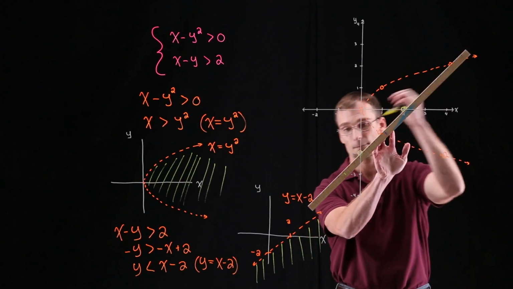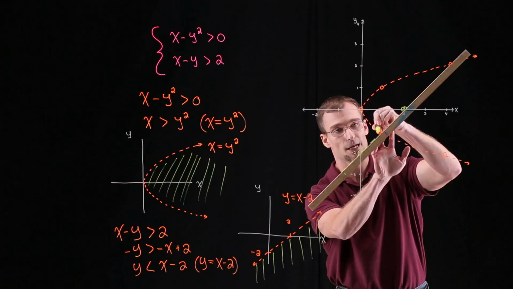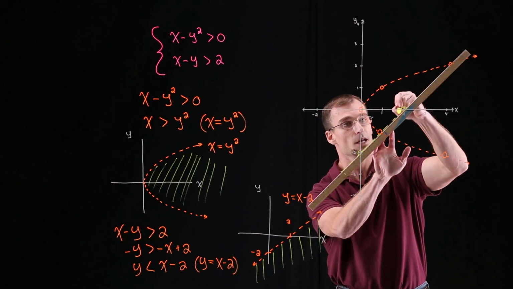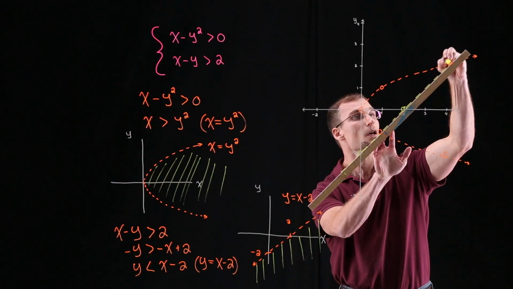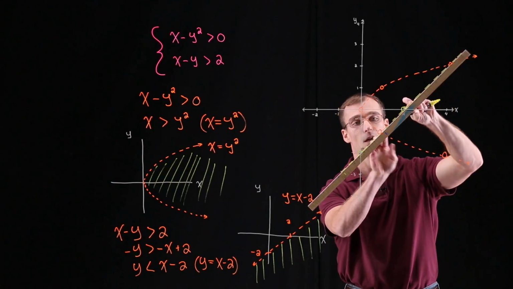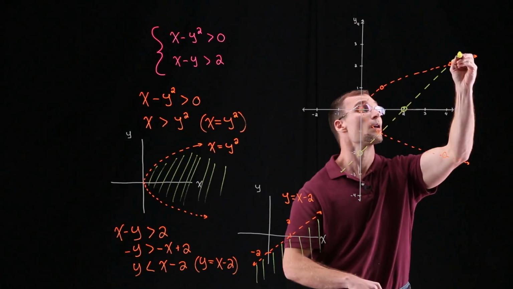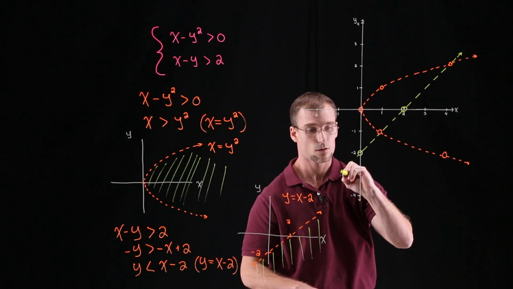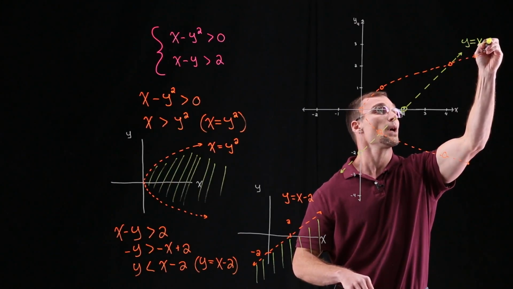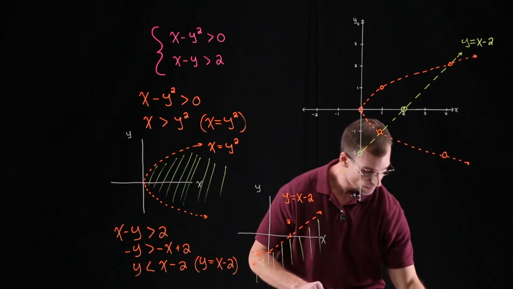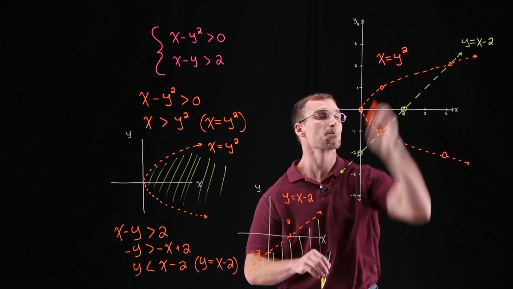So we sketch in our line, again with open circles and a dashed line because we're not including any of the points on this line either. There's our line y equals x minus 2 and our parabola x equals y squared.